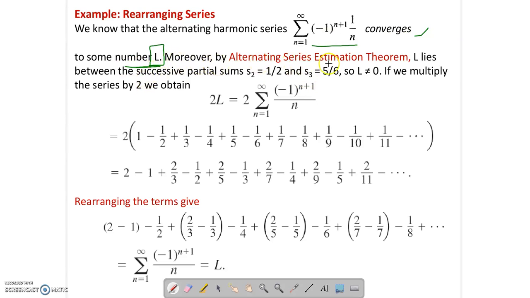Moreover, by the alternating series estimation theorem, we can say that this number L, the limit to which this is converging, lies between any two successive partial sums. We said that L is going to lie between Sn and Sn plus 1, whichever is bigger. So here you have Sn plus 1 or Sn also, right?